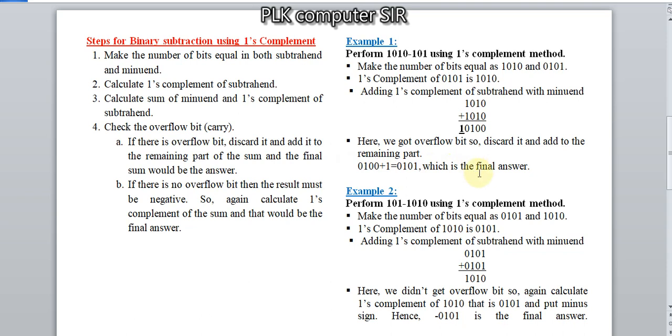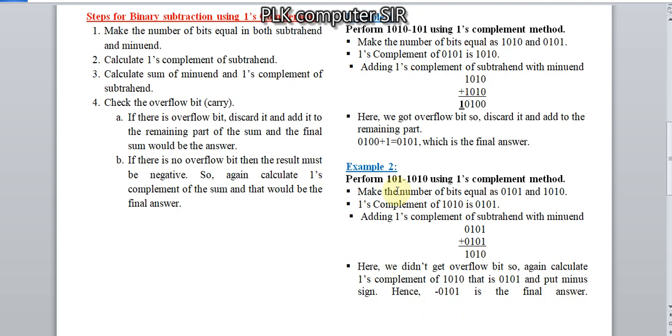Okay, my dear students. Now the next condition can be where we don't get this overflow bit. So now I have reversed this question. So now 101 minus 1010. Here we have only 3 bits and here 4 bits, so a leading 0 will be added. To make the number of bits equal, it will be 0101 and 1010.